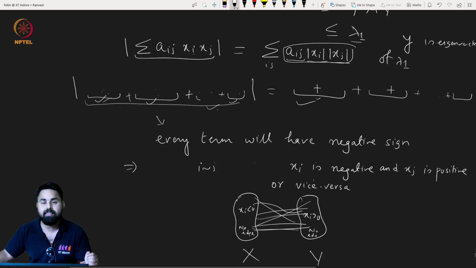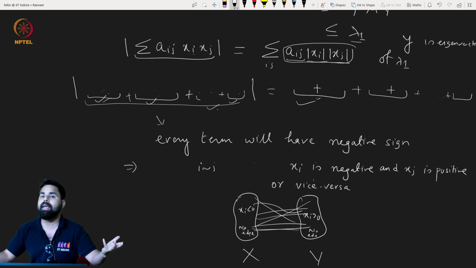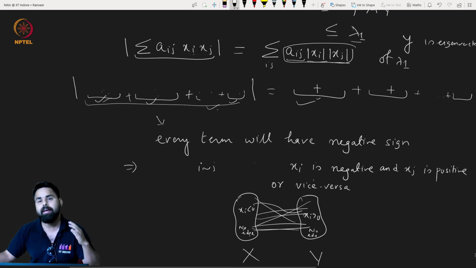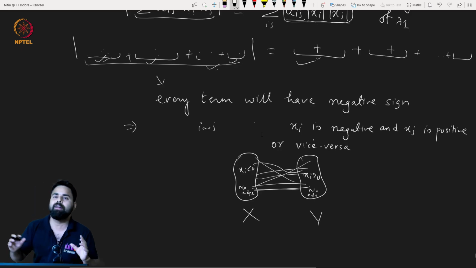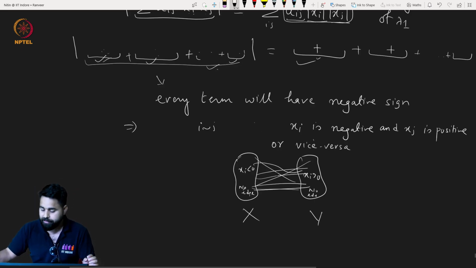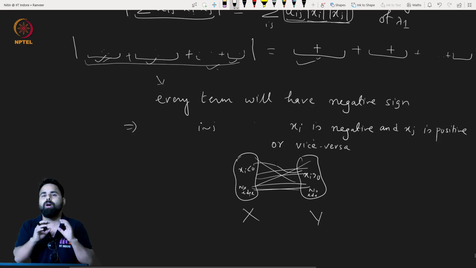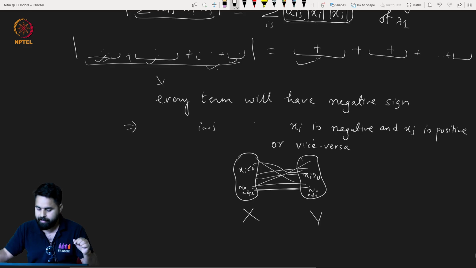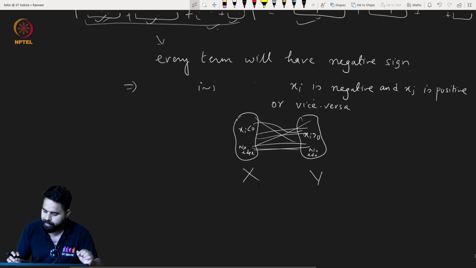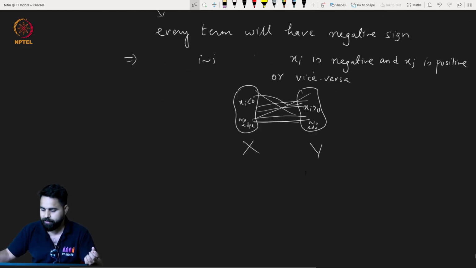Positive cannot happen, otherwise this x vector will be positive, but x is the eigenvector corresponding to the smallest eigenvalue, so some entries are positive and some negative. So all these terms have to be negative, and that means whenever there is an edge, one endpoint is negative and one endpoint is positive. So we can always partition the vertices into two parts, such that edges go from one part to the other. There is no edge inside any partition. Okay, so very good. So this gives a bipartite graph.